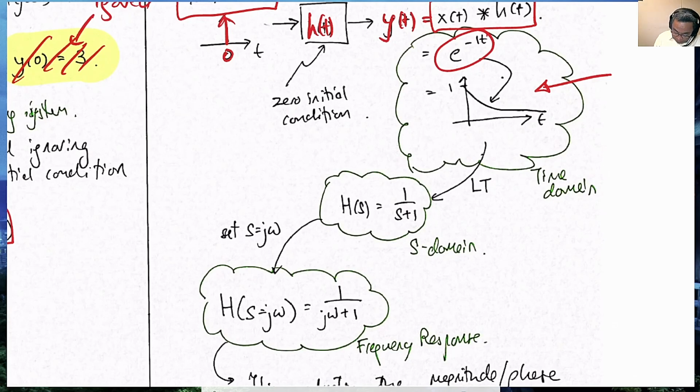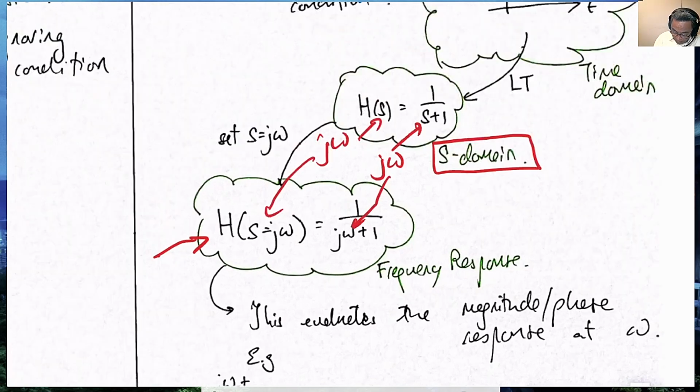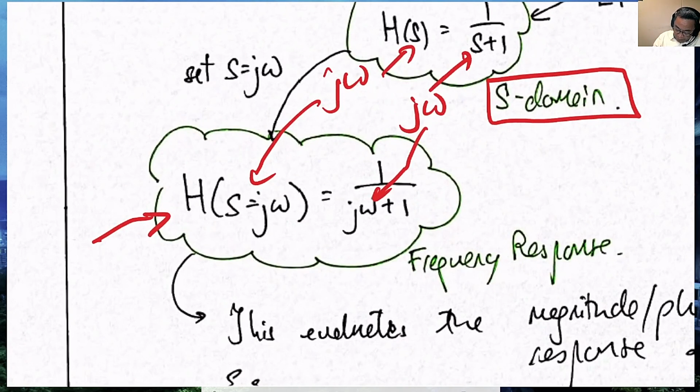Now, if we are interested in finding the frequency response, we take the s domain, H(s), and then we substitute s to be jω. That's all. So now here and now here. Then we have a function called the frequency response, and it does nothing but evaluate for different values of omega.